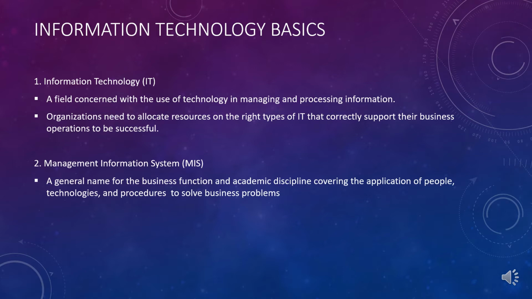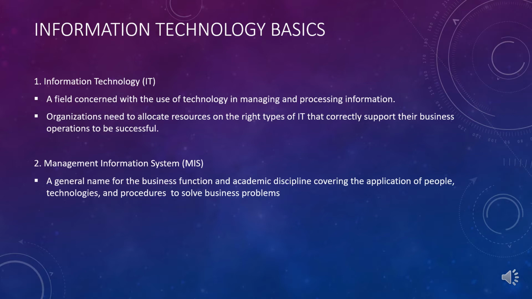Information technology basics. There are two. Number 1, information technology (IT), a field concerned with the use of technology in managing and processing information. Organizations need to allocate resources on the right types of IT that correctly support their business operations to be successful.